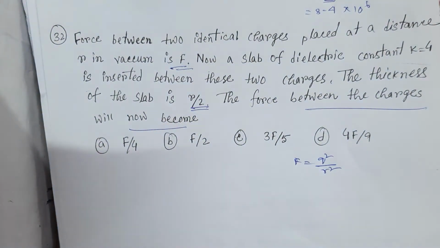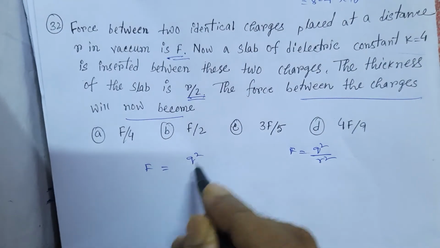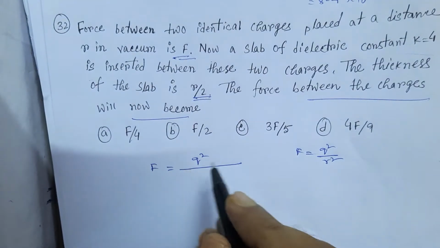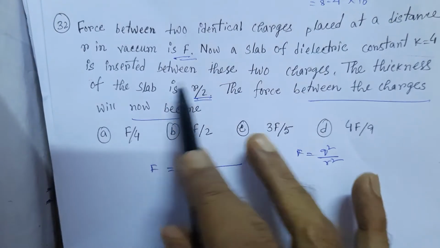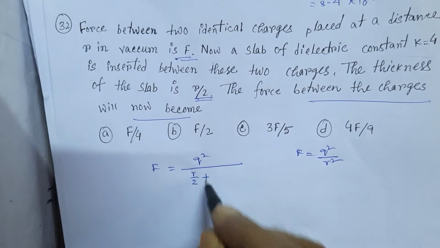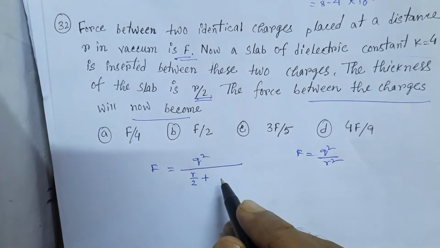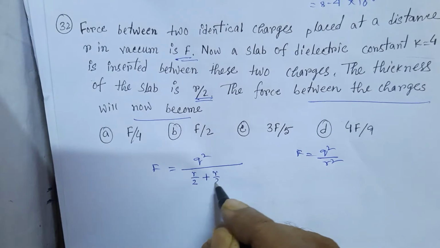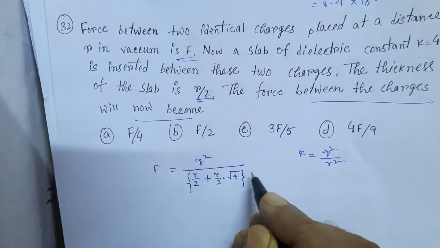So the force F equals Q square divided by, we have to calculate the effective distance. Now the distance in vacuum is R by 2, and within the plate, it is root K into R by 2, where root K is 4, its whole square.